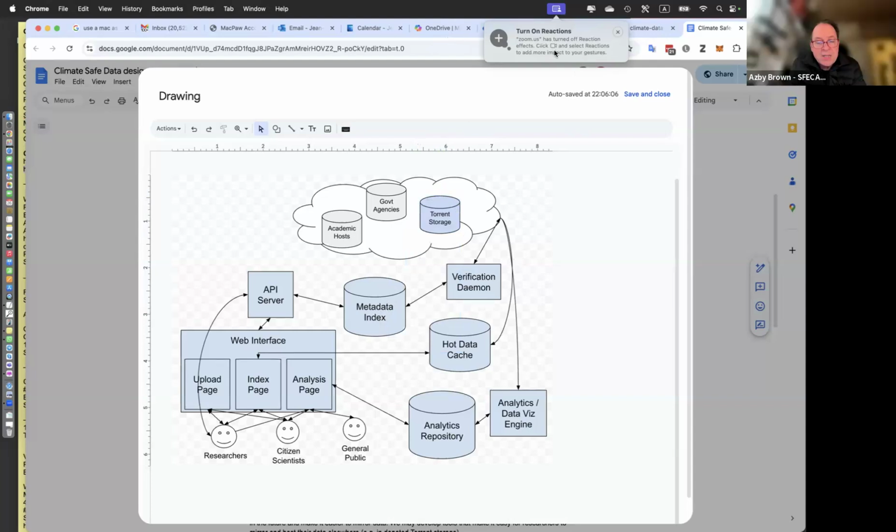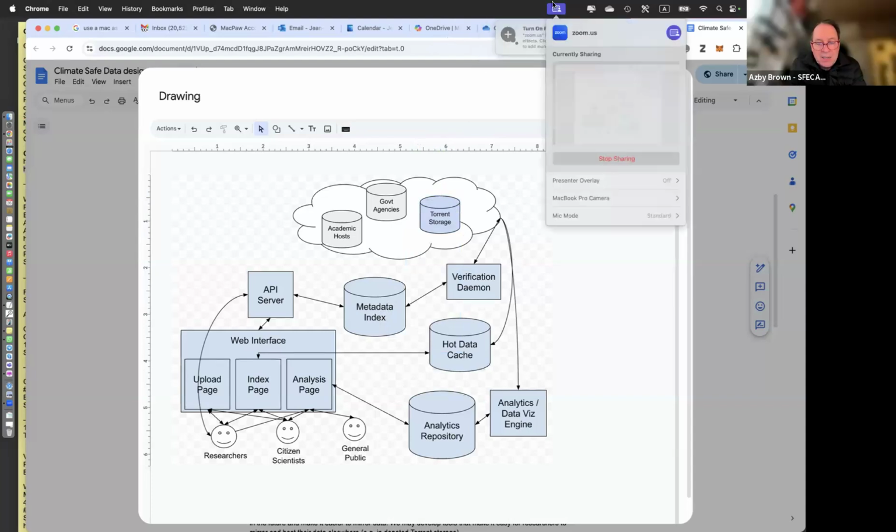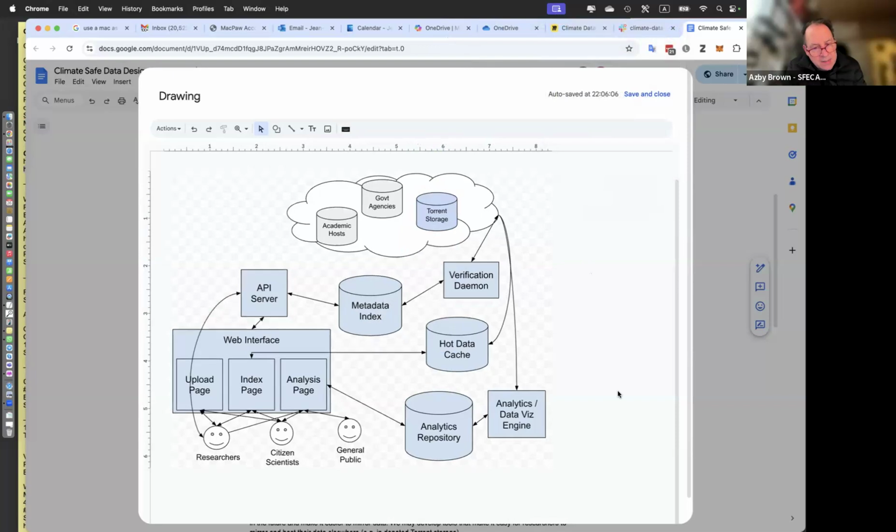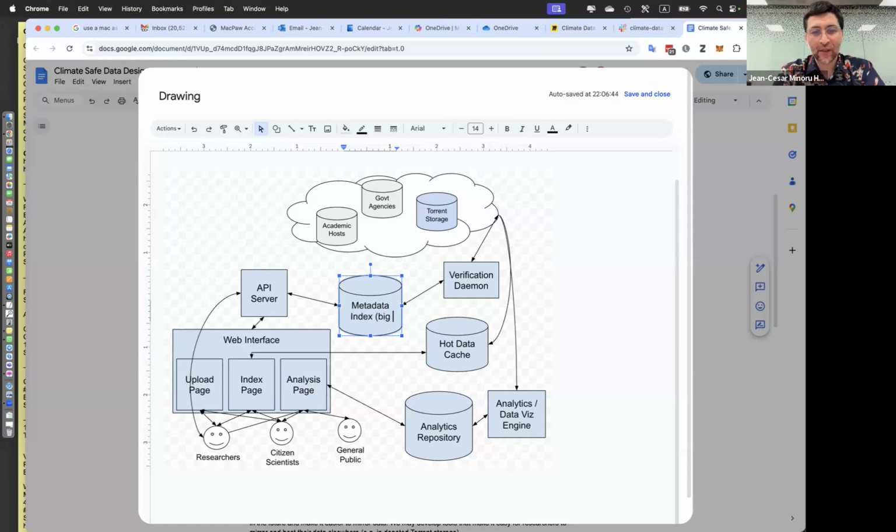So the hot data cache, this stuff is definitely going directly to the web to be accessed, etc. I'm not sure what the metadata index is. If he was here, he could tell us, but I think that's the database, like a table, basically.